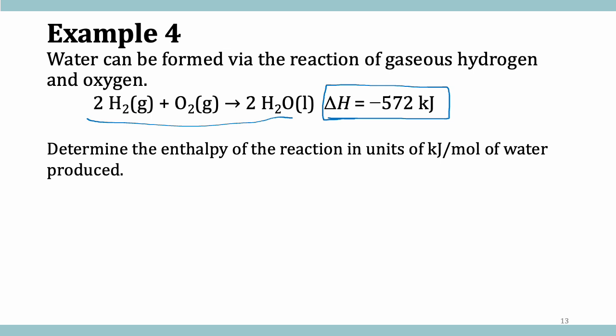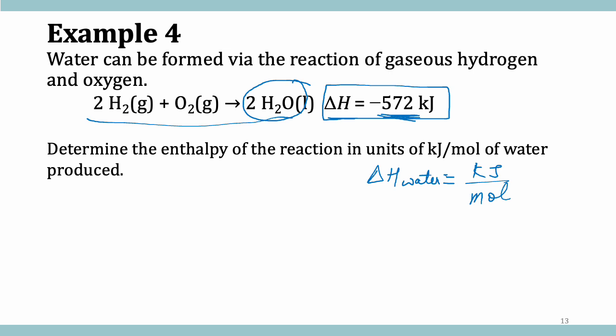Question is asking what is the delta H for water that is produced in kilojoules per mole. So I need the moles of water here, kilojoules per mole. When you look at this reaction, what does delta H mean? It means for producing 2 moles of water, heat is negative 572 kilojoules.